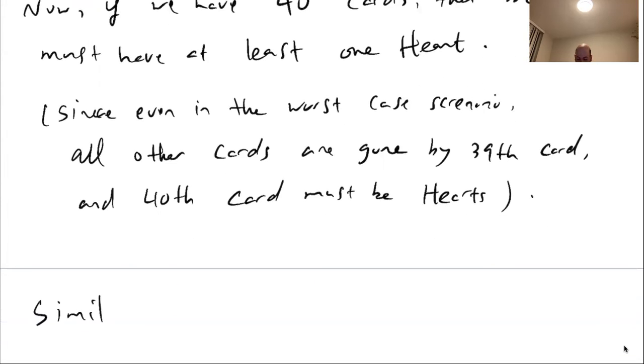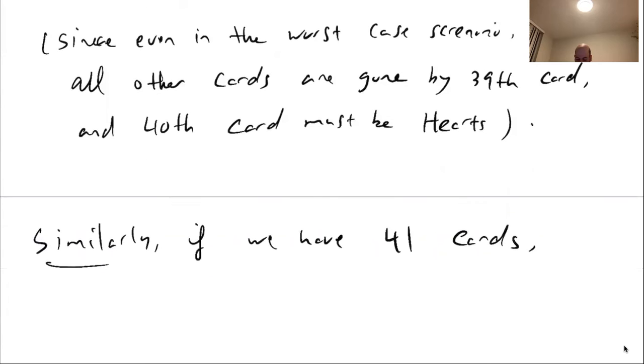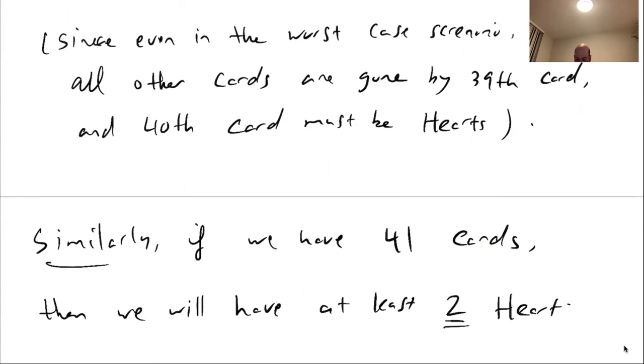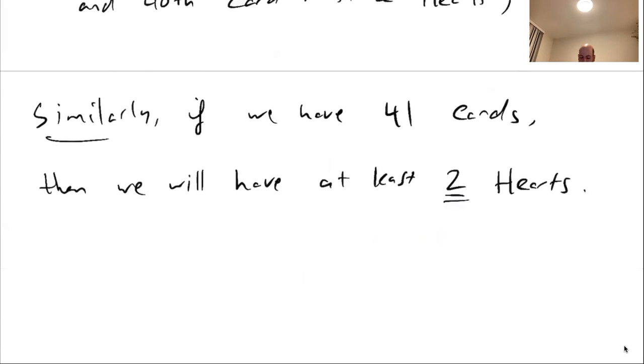Similarly, if we have 41 cards, then we will have at least two hearts. Because again, by 39 cards, all other cards are gone in the worst case scenario, and the 40th and 41st cards must both be hearts. So we'll have at least two hearts.